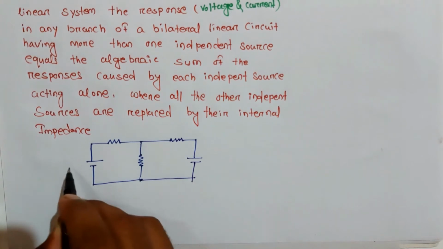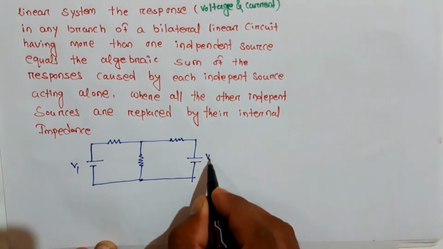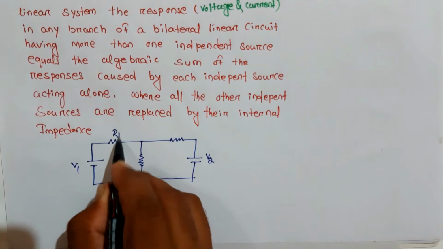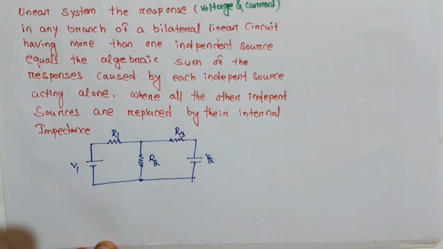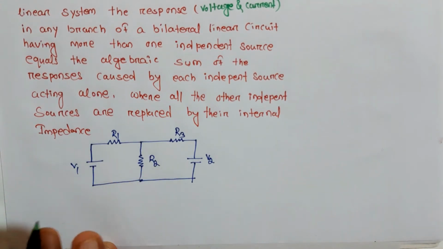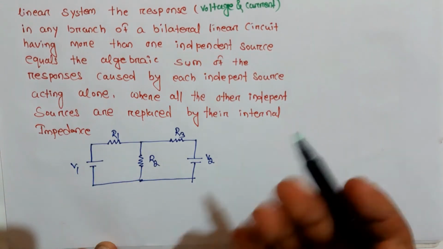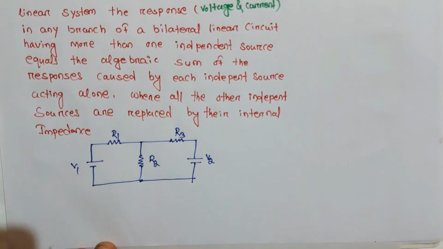Let this be V1, this V2, and this R1, this R2 and this R3. If this type of circuit is present, two or more independent sources must be present.